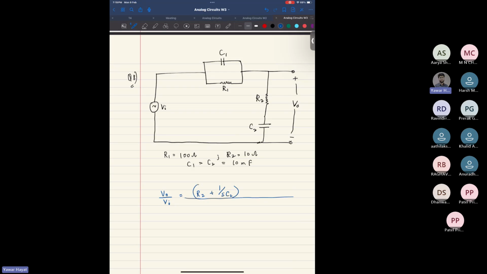So I'll write again R2 plus 1 by SC2 plus the parallel combination of C1 and R1, obviously in frequency domain.